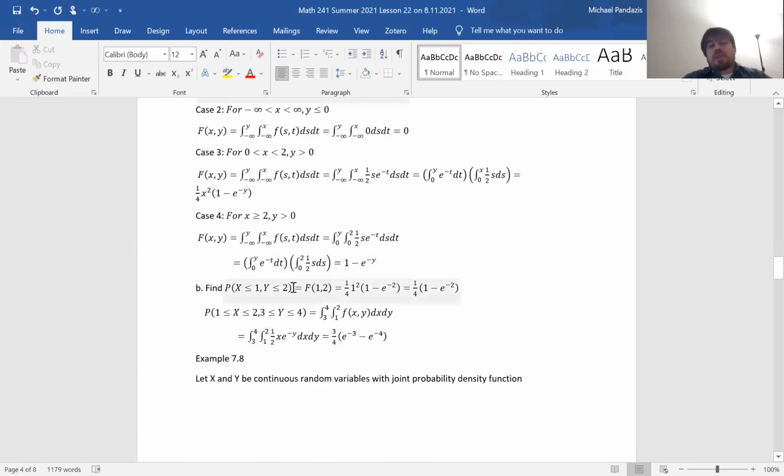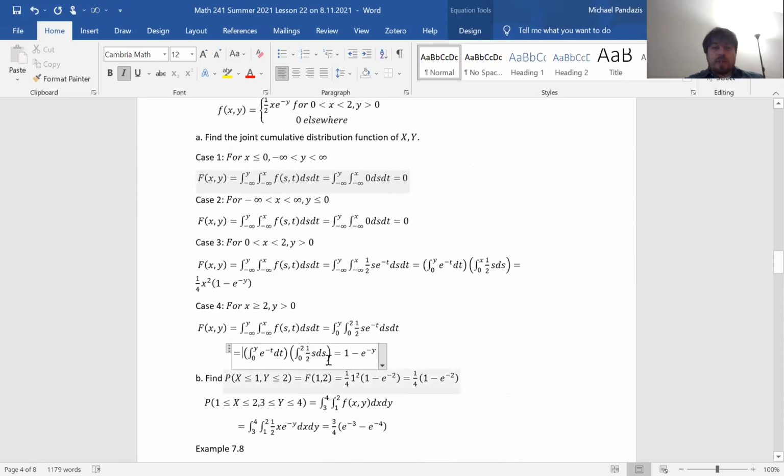Okay, so for part B, it's find the probability that capital X is at most 1 and Y is at most 2. Well, that's equal to capital F of 1 comma 2.